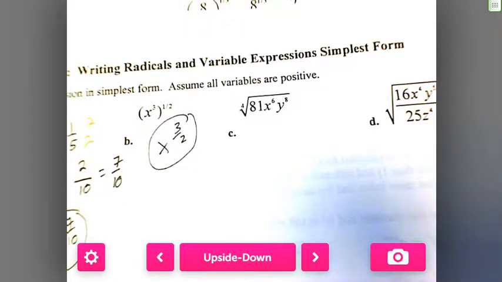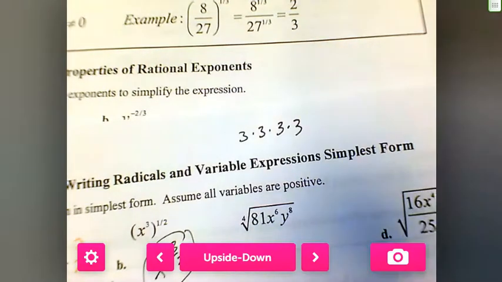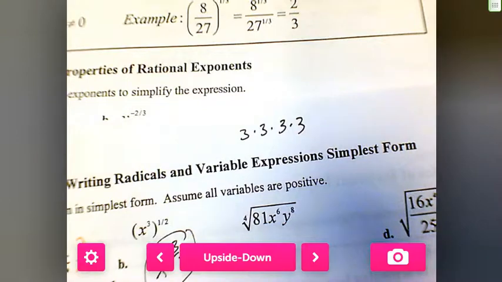What times what times what gives us 81? 9 times 9 gives us 81, but we need 4 things. So 9 is a good place to start. What times what gives me 9? 3. So let's think about this. Does 3 times 3 times 3 times 3 give me 81? Right. So my 4th root of 81 is 3.